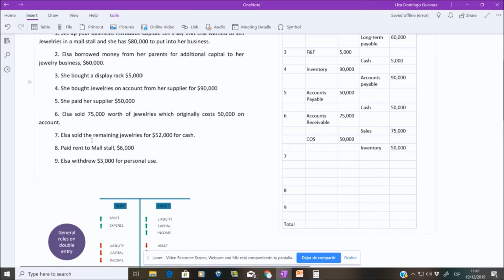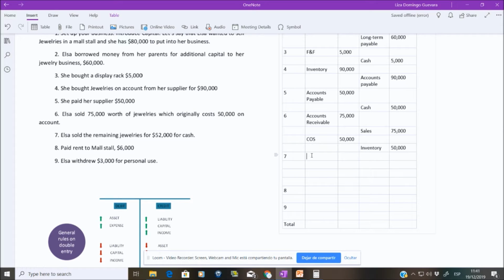Number 7, Elsa sold the remaining jewelries for 52,000 cash. So we'll again have two entries, one for the sale and the other for the removal of the inventory and transfer to cost of sale. So let's record first the sale.